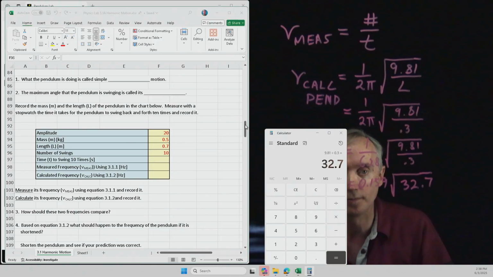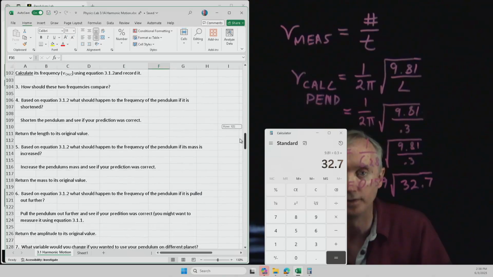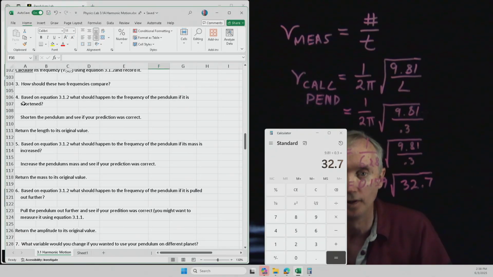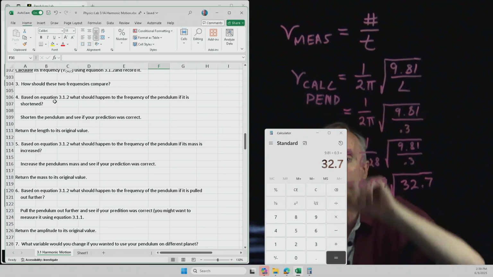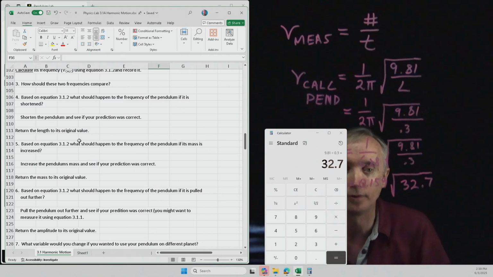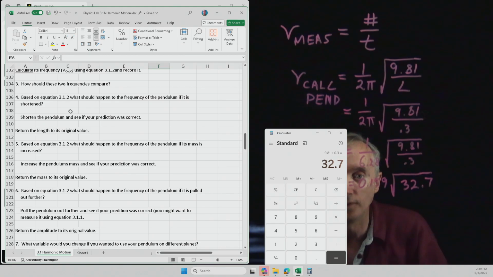Okay, so now there's some other things that I would like for you to do though. So if we go back, if we go down to here, based on this equation, what would happen to the frequency if it was shortened?